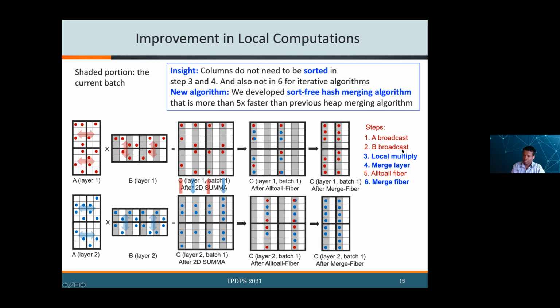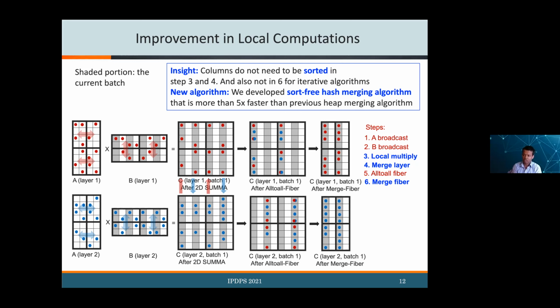Typically, when we represent matrices in column sorted format, we can use a heap or some other algorithm to merge. But here, we don't need to sort within a column, because the output of this local multiplication will be processed by the next merging step. So if we don't sort the local multiply result, then the next one can work on this.